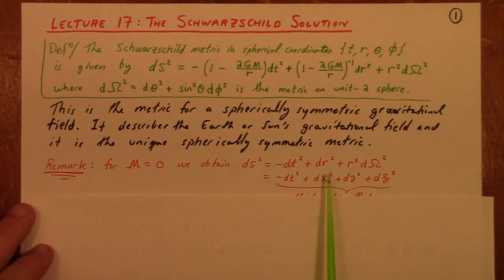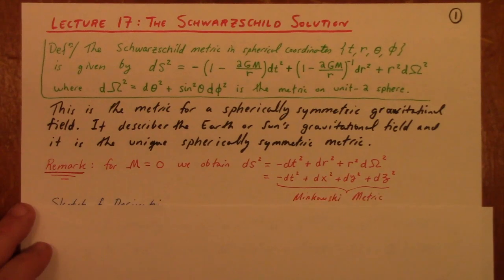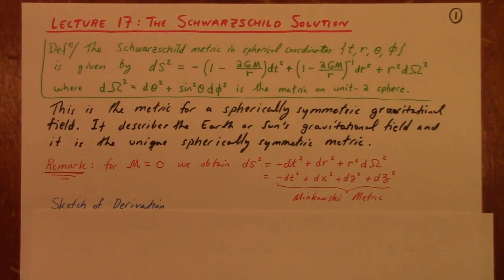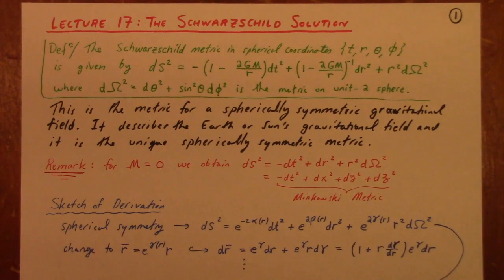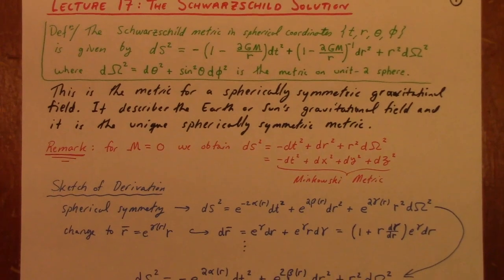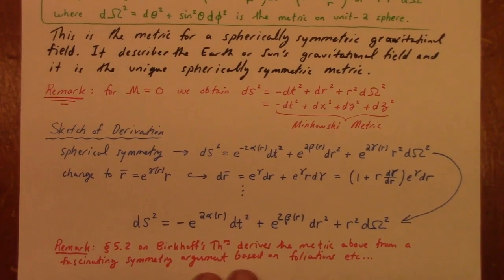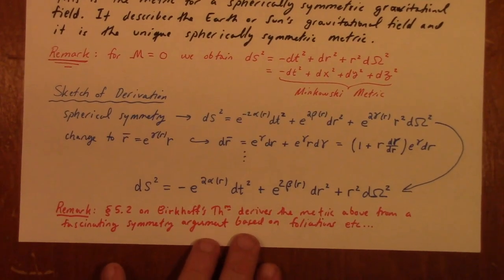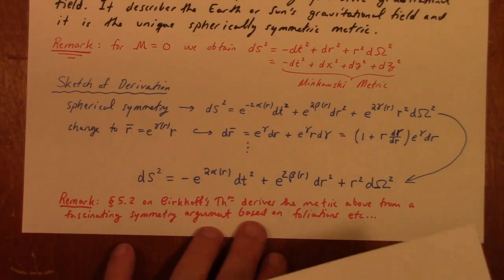If you drop back to x, y, z coordinates, this will reproduce dx squared plus dy squared plus dz squared. So if you have mass 0, you're back to Minkowski space, which is what we would expect, right? General relativity, after all, is a natural extension of special relativity. And so let me start telling you a little bit about his derivation here.